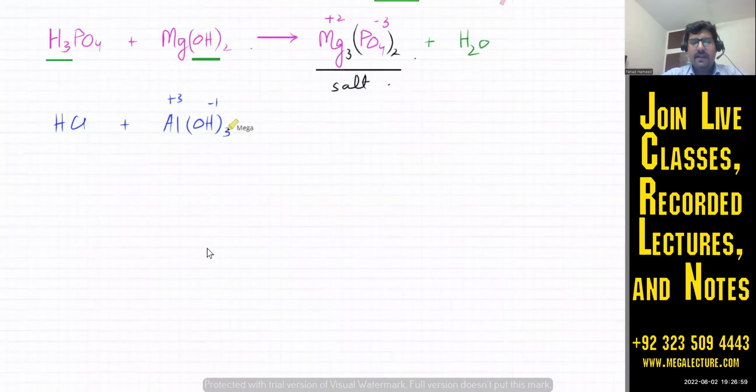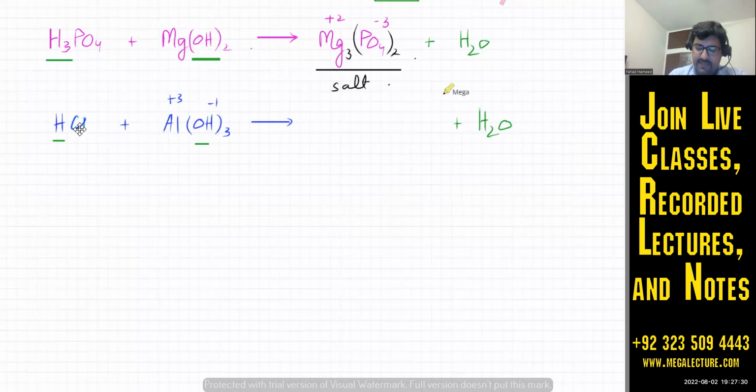Now look at this reaction. You've got HCl. HCl has H+1 and Cl -1, right? And the base has OH -1. What will happen in this case? Same thing. The H+1 over here and the OH ions are going to combine together and end up forming water. Which two ions are left? You've got Al and you've got Cl.